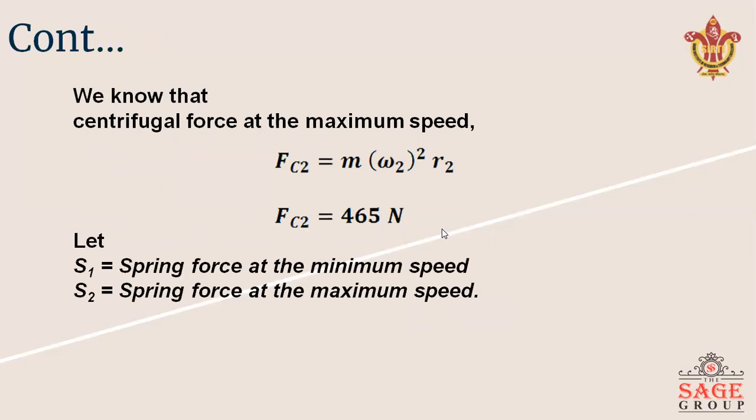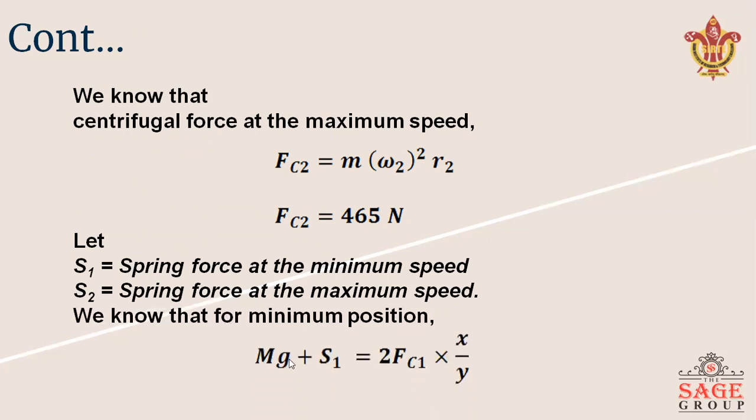Let S1 be the spring force at the minimum speed, and S2 the spring force at the maximum speed. Then we know that for the minimum position, Mg plus S1 equals 2Fc1 into x upon y.